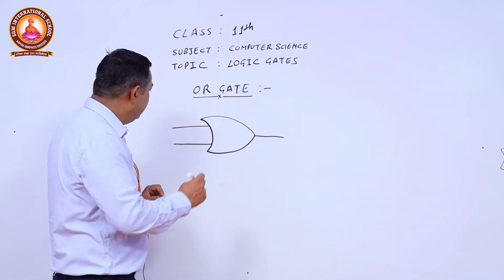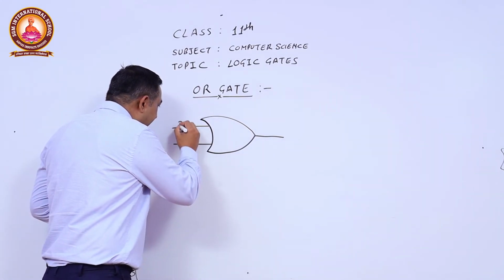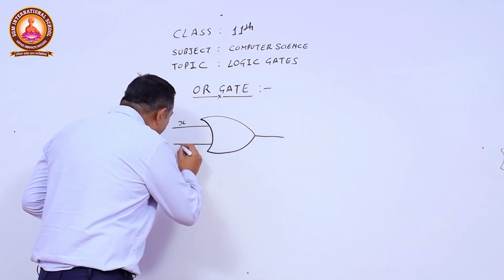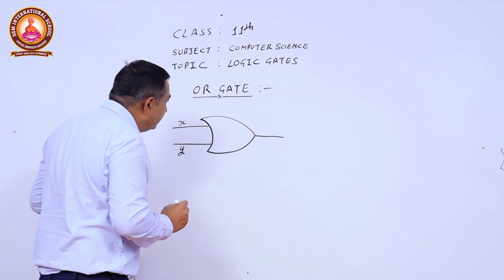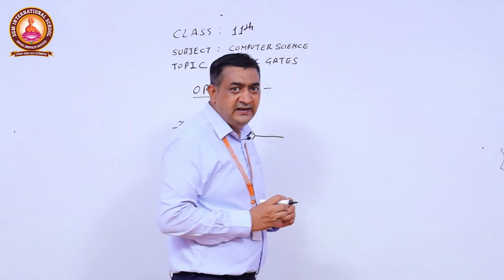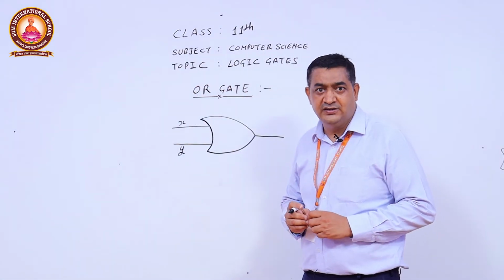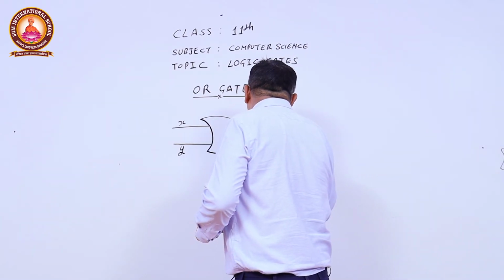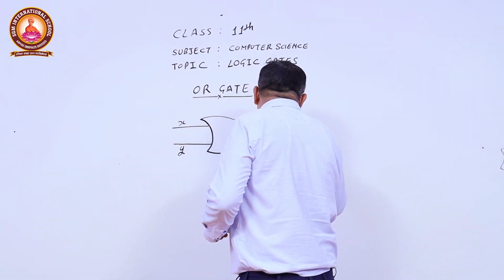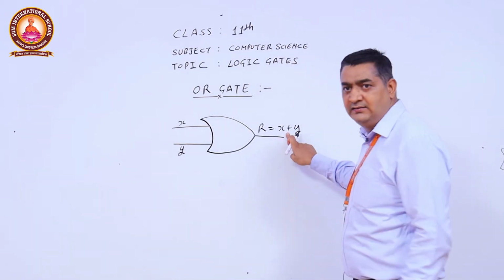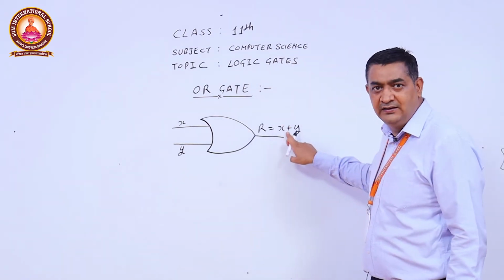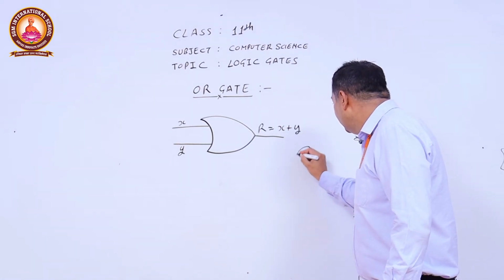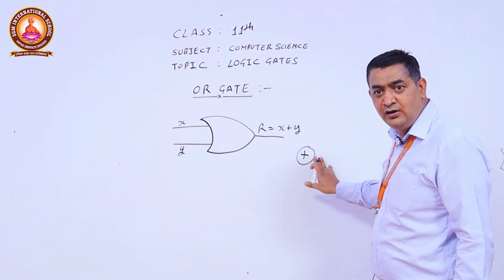First input is represented by variable x and second input is represented by variable y. Sometimes it is also known as logical addition. The output will be R equal to x plus y. Now this is not the addition symbol. In this topic, this symbol is used for ORing.